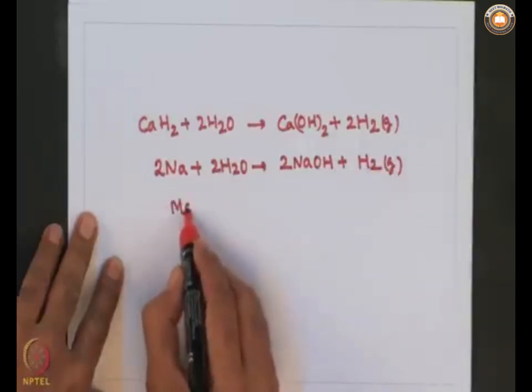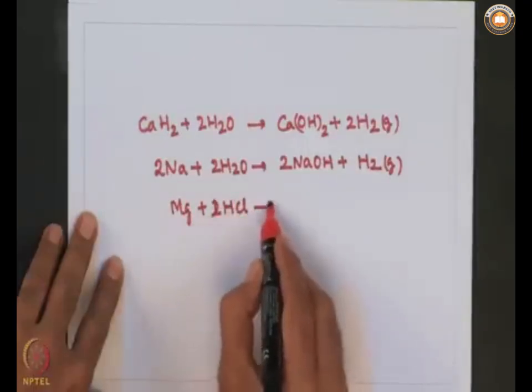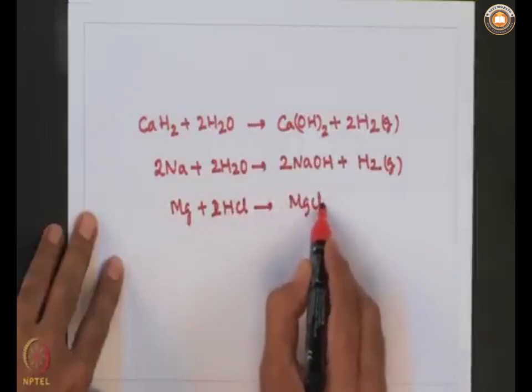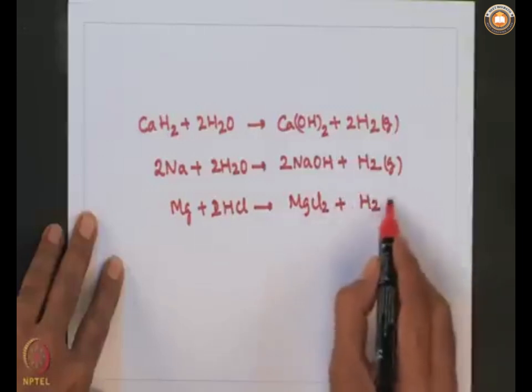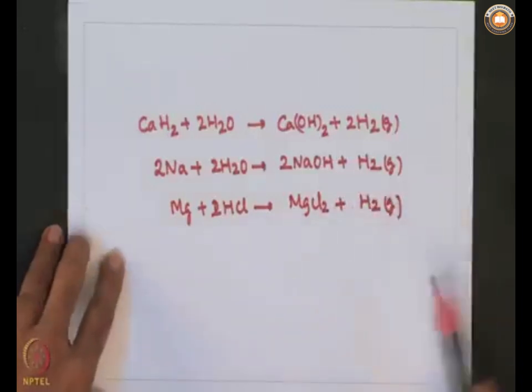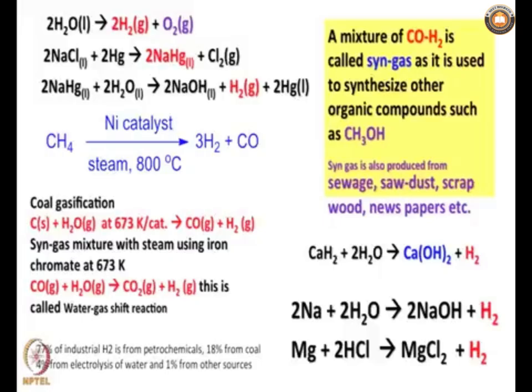And magnesium, on treatment with hydrochloric acid, forms magnesium chloride and H2 gas is liberated. So, these are some of the methods used for the preparation of hydrogen, and the industrial method involves the coal gasification and also water gas shift reaction.